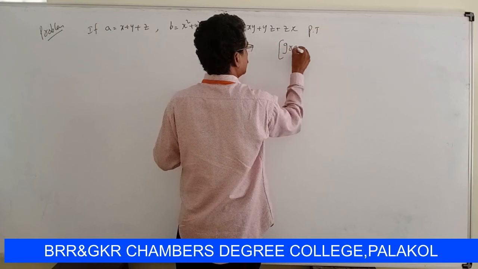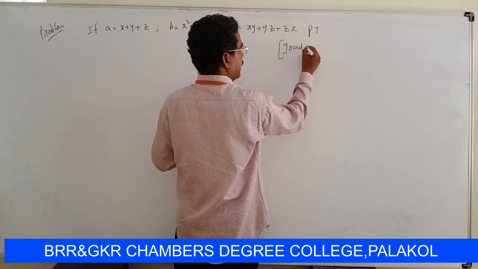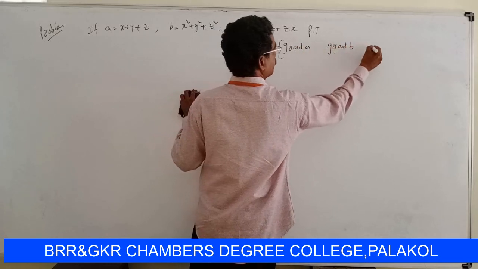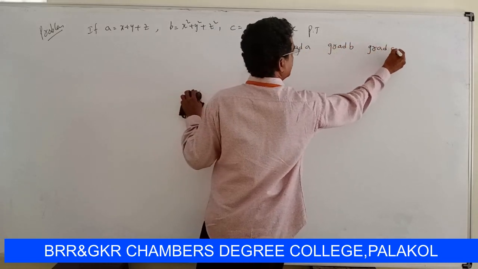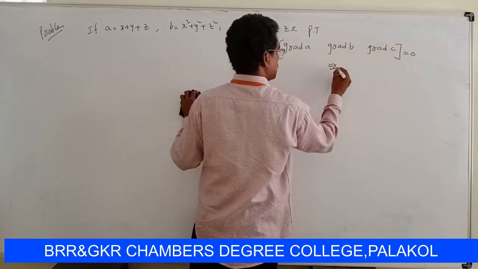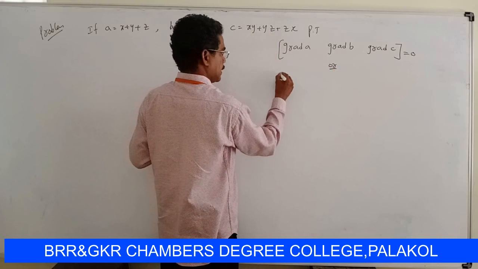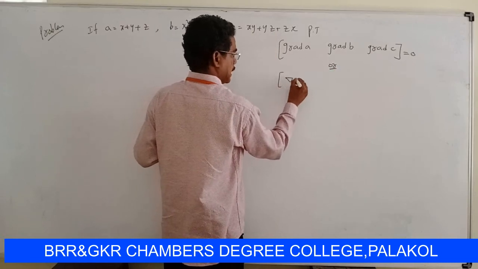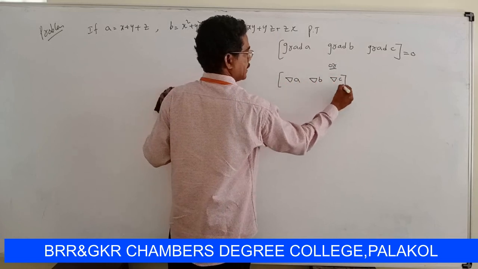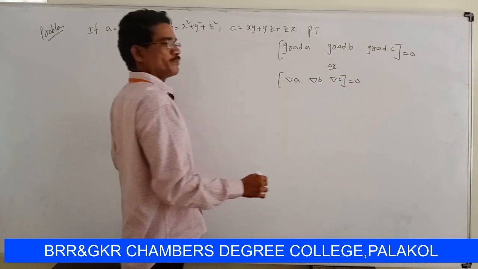box of grad a, grad b and grad c equal to 0. It is simply symbolically box of del a, del b and del c equal to 0.